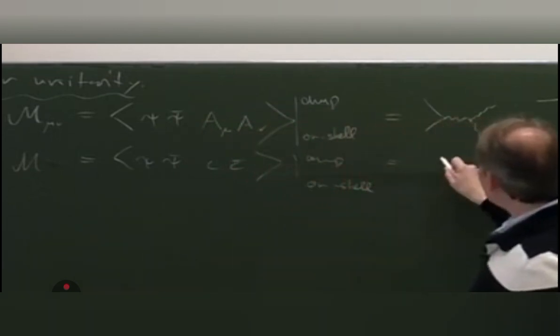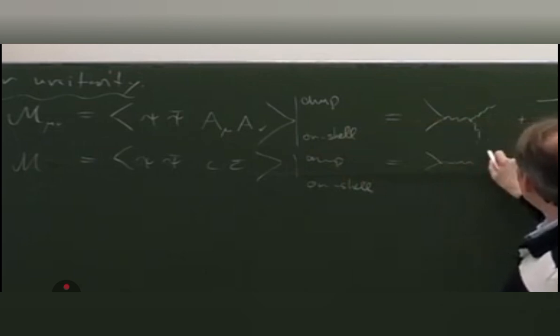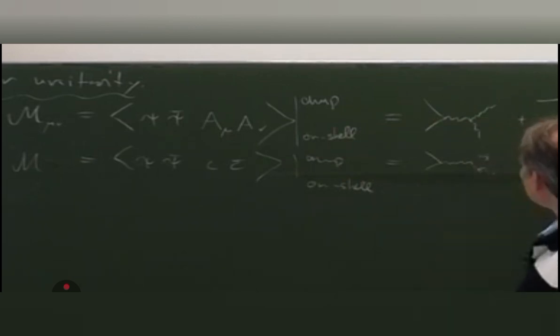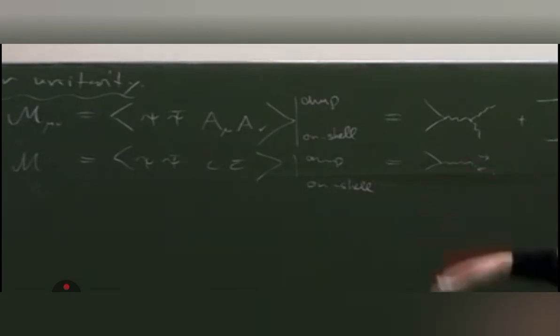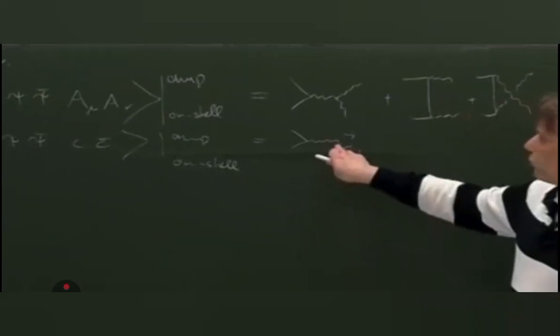And that corresponds just to one single Feynman diagram with ghost, anti-ghost in the final state. And this is also a purely non-abelian diagram because that vertex here has an f^{abc} in it.